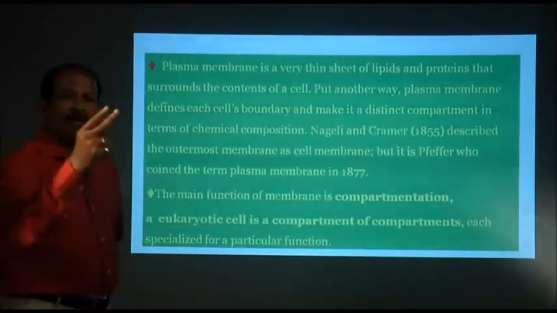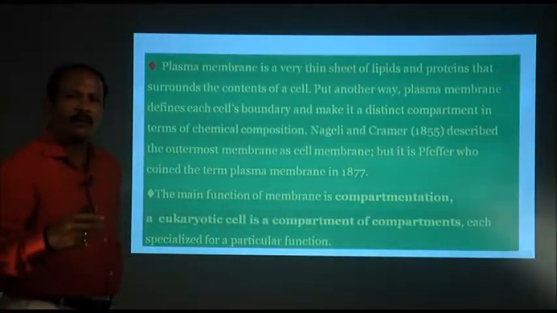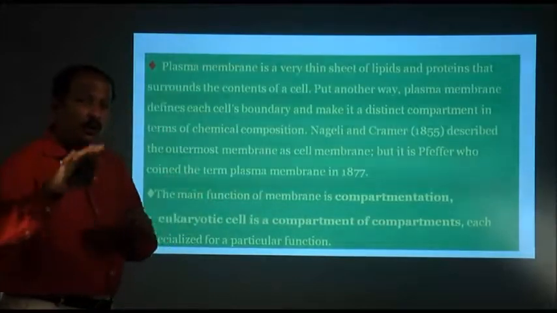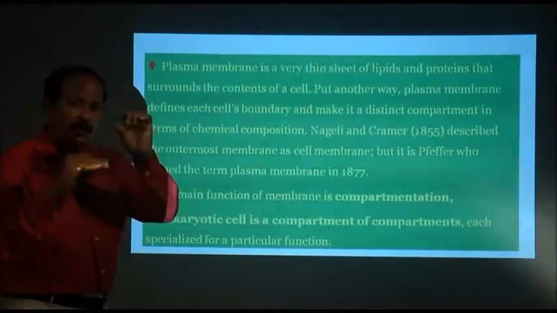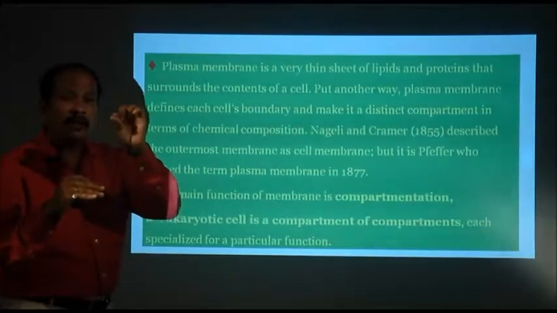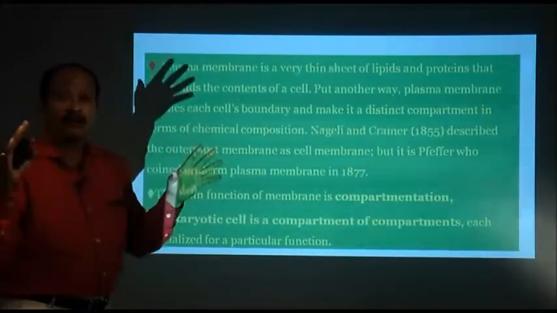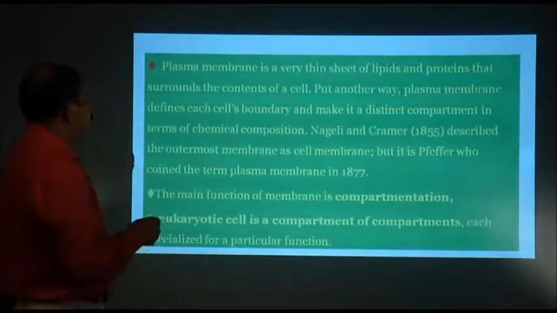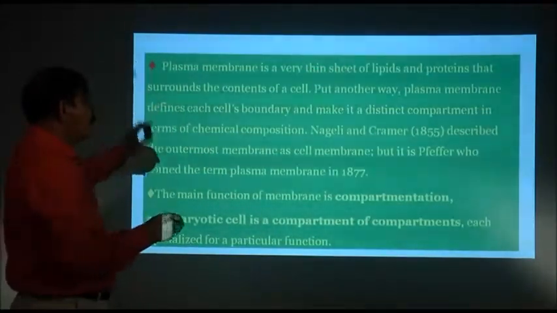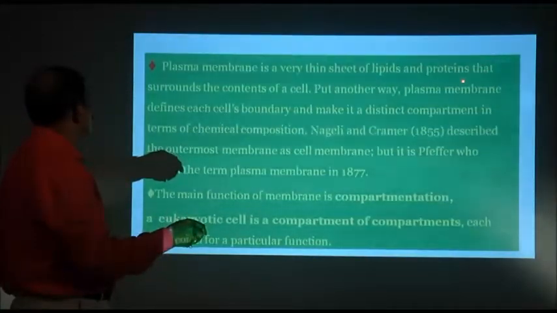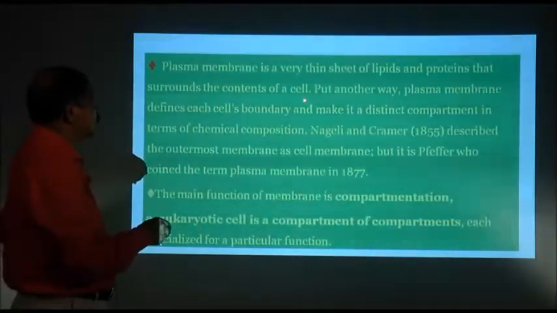Two terms are there, plasma and membrane. Plasma means it is not solid, not liquid, it is of intermediate consistency, thick, like the consistency of olive oil. So, it is a thin layer of lipids and proteins that surrounds the content of the cell.